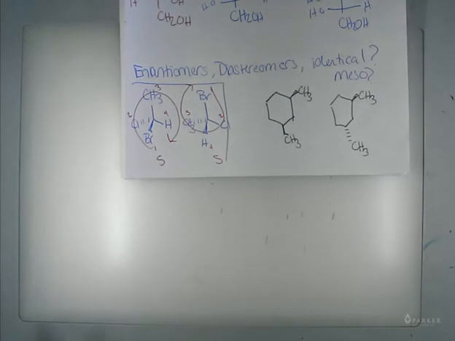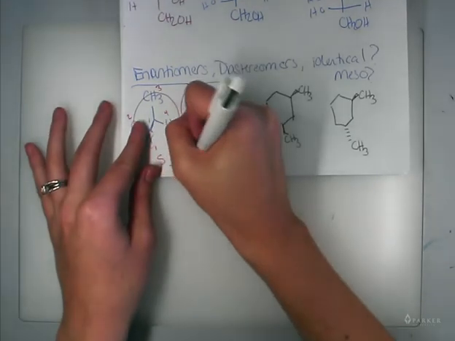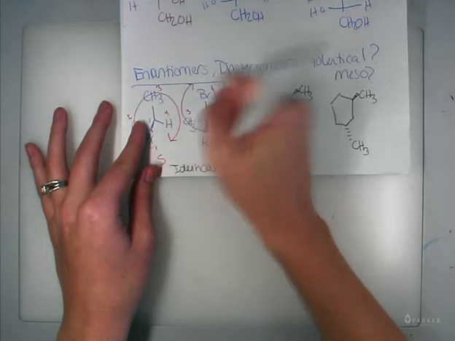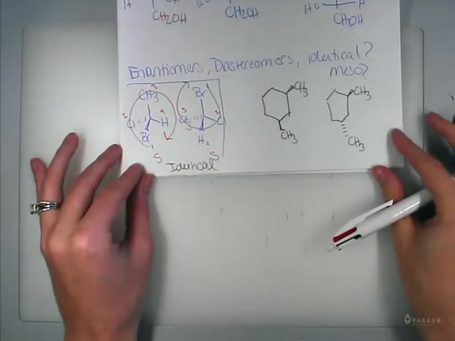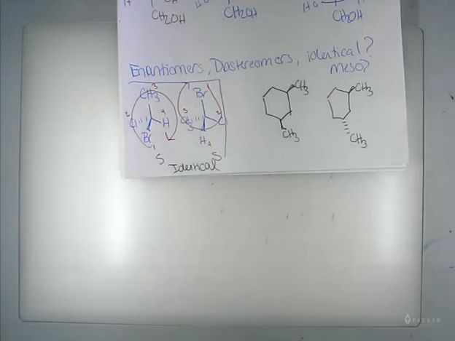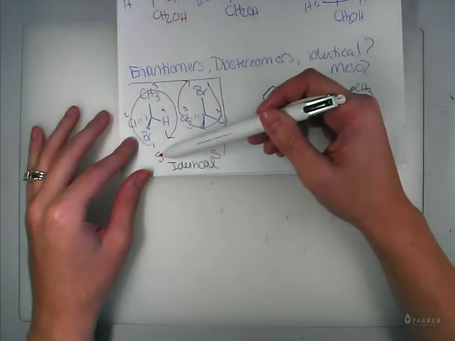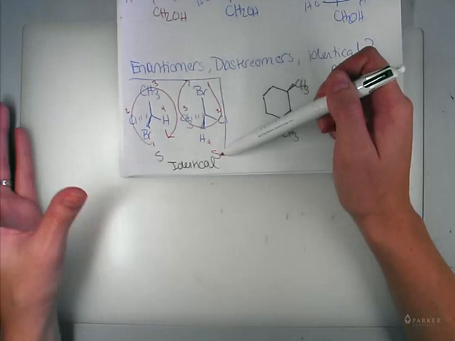So what is that? Identical. So that's one sort of foolproof way, as soon as you can do R and S fine, is just comparing. You see S went to S. Nothing happened, so they're identical.